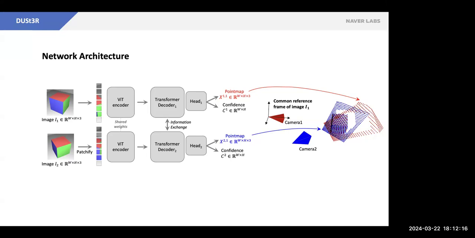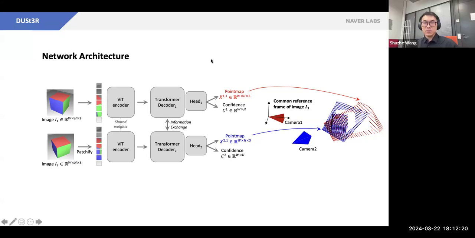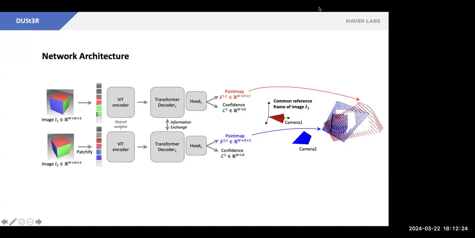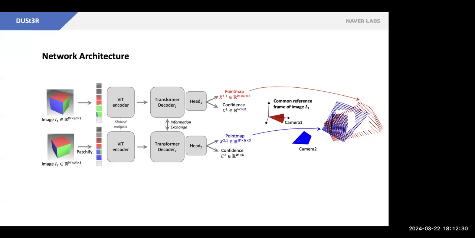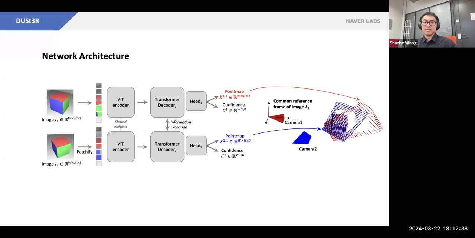So you treat the first camera coordinate... Sorry, I didn't follow you. So you consider that image number 1, I1, has the standard coordinate. Yes.